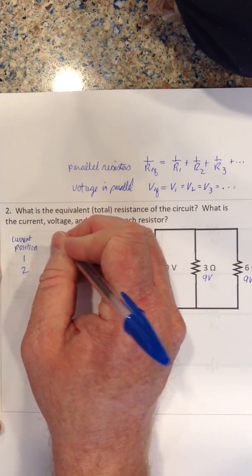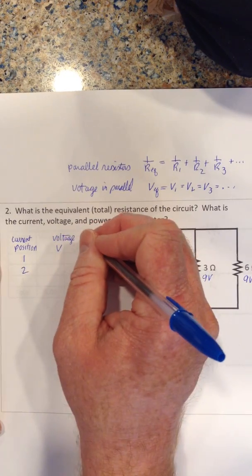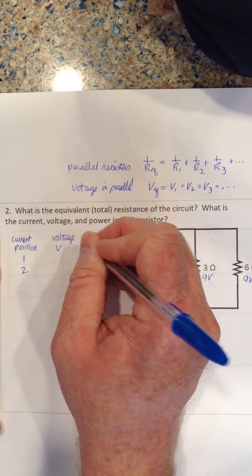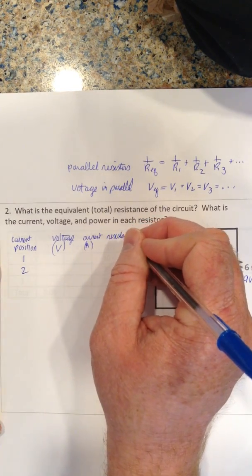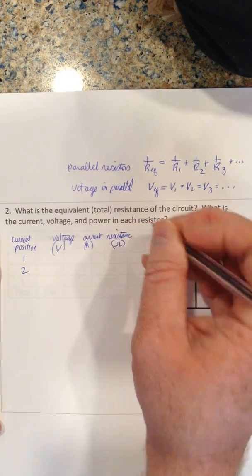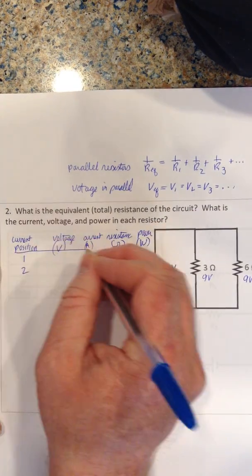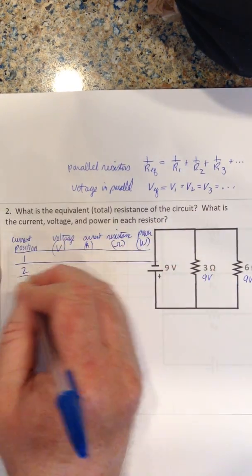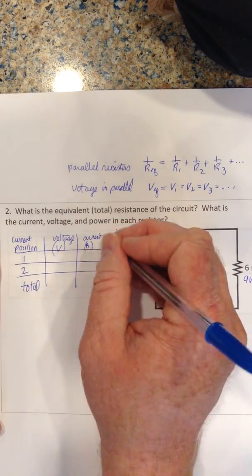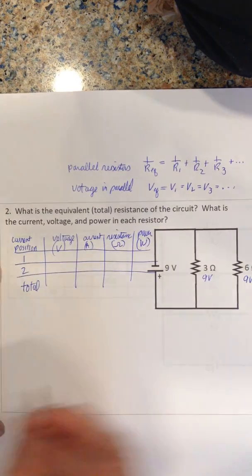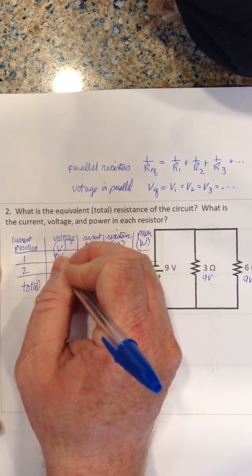Okay, and I could have voltage measured in volts, and again current measured in amps, and resistance measured in ohms, and I could have power in watts, right? And a total or equivalence. Okay, so I had 9 volts to start. That means I'm going to have 9 volts for each element.